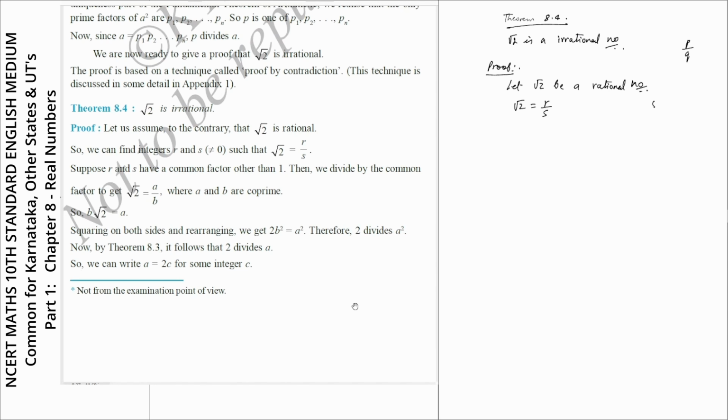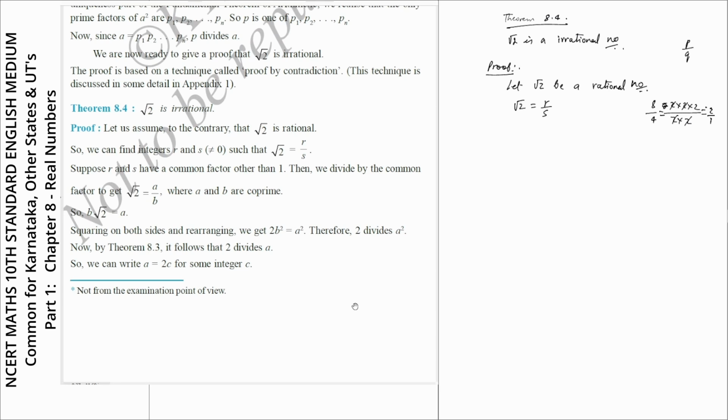For example, 8 I can write as 2 into 2 into 2, right? And 4 I can write as 2 into 2. Now if I divide 8 by 4, the common factors will get cancelled and I will be left with something which has no common factor. So 8 by 4 is nothing but 2 by 1. Here also r will have some common factor and s also will have some common factor.